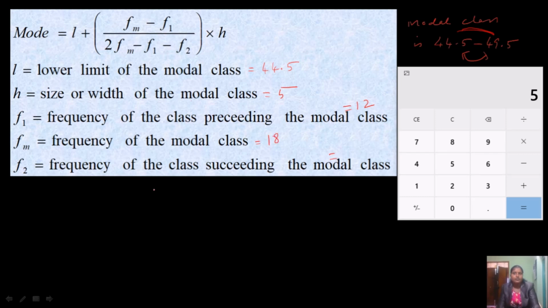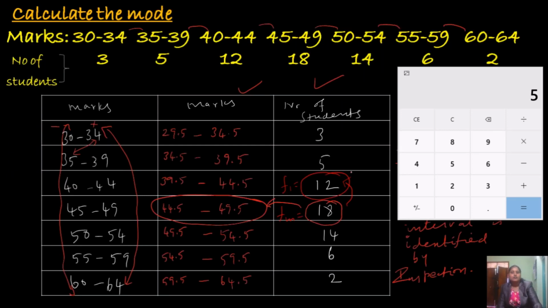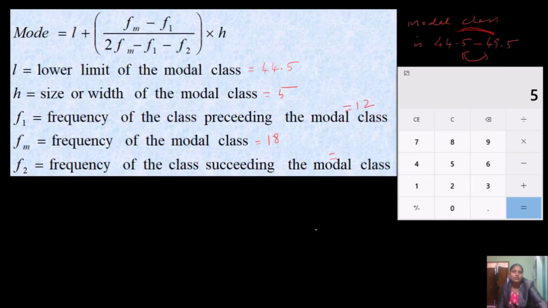Then F2 is the frequency of the class succeeding the modal class, that is 14. So our F2 is 14.